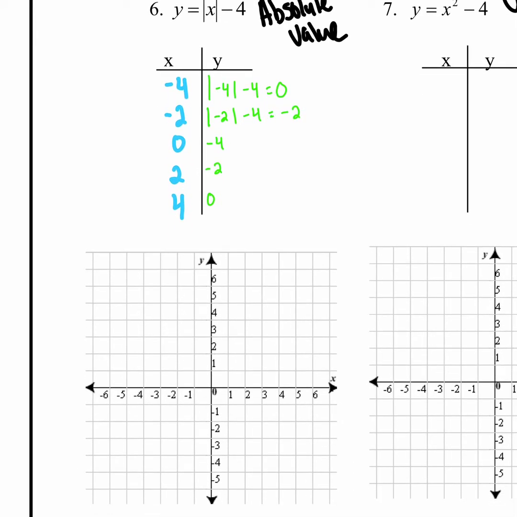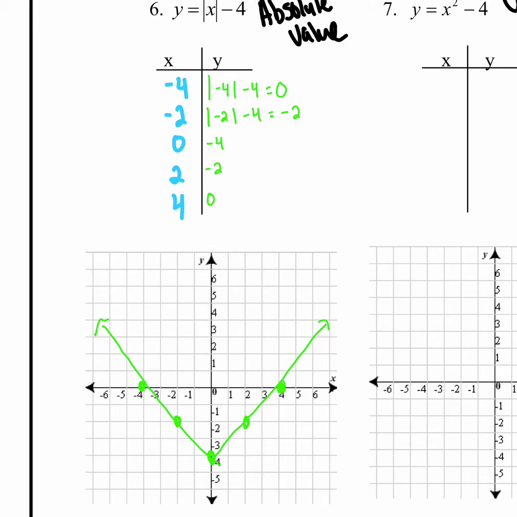So -4, 0, -2, -2, 0, -4, 2, -2, and then 4, 0. And we will connect here. We're not working with any scenarios here, so we're safe to connect.